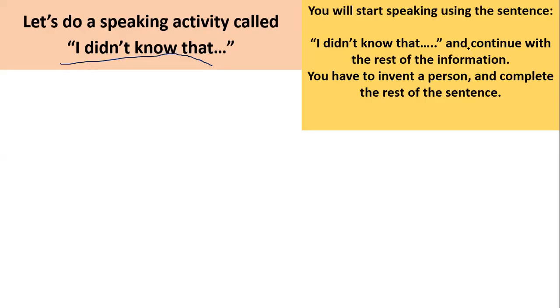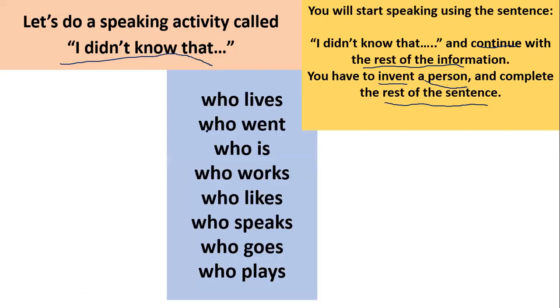And you have to continue with the rest of the information. You have to invent a person and then complete the rest of the sentence. These are the sentences that I want you to complete: who lives, who went, who is, who works, who likes, who speaks, who goes, and who plays.